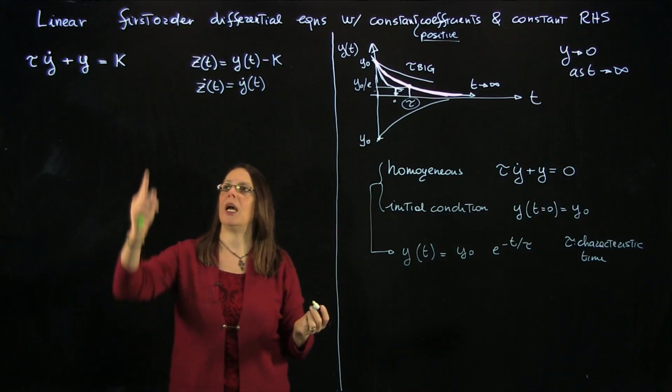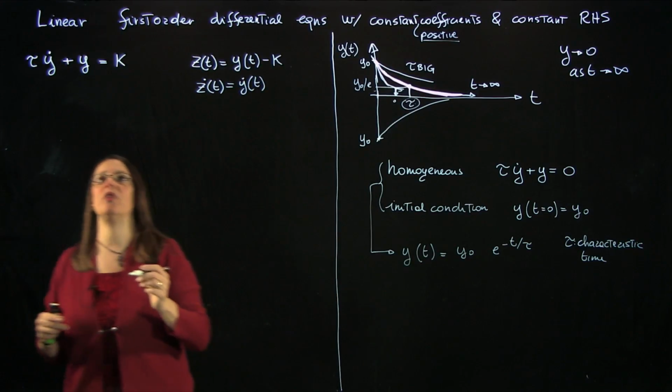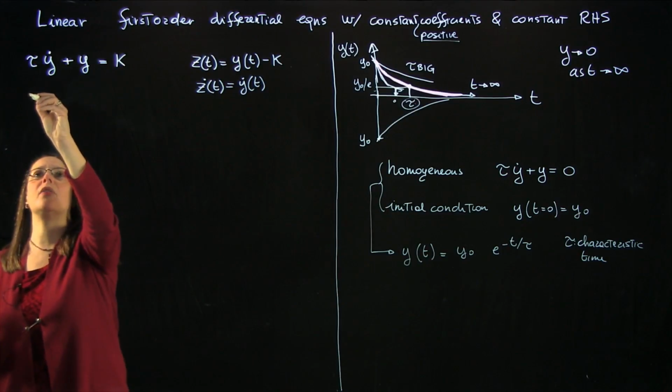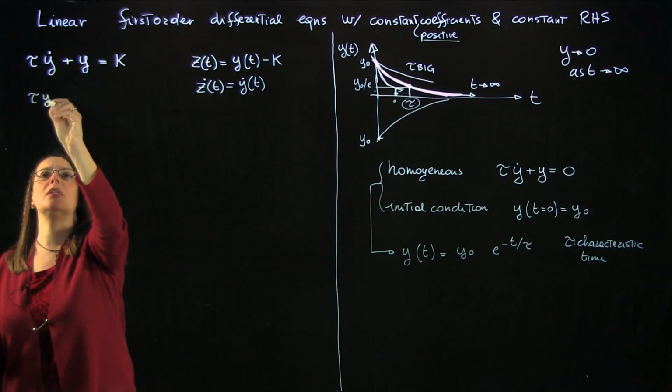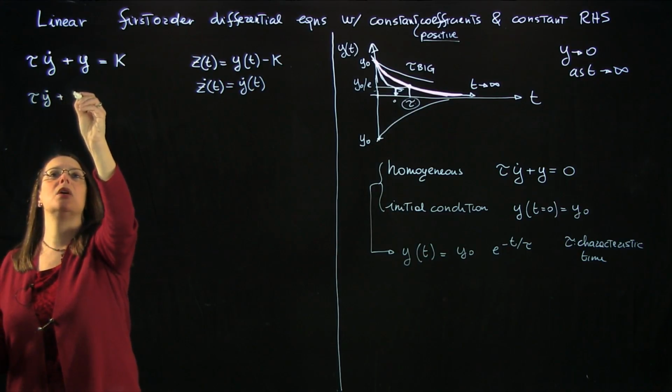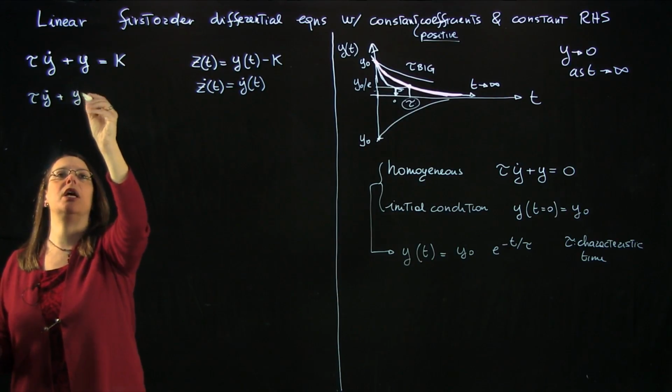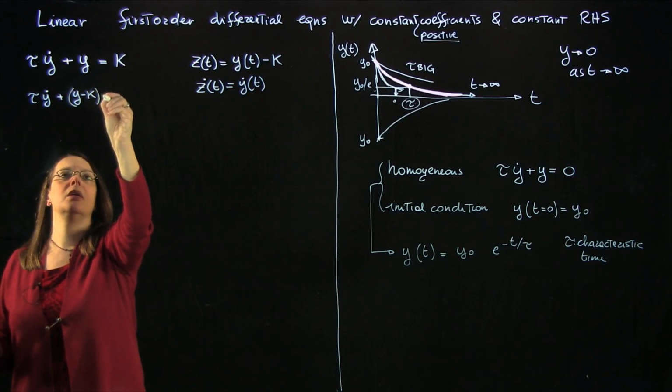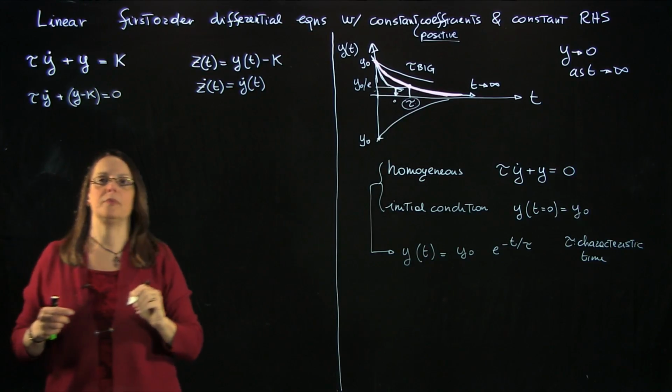Why do I do this? I do this because now I look at this equation over here and I say, you know what? I can rewrite this equation as tau y dot plus y, and I bring k on the other side, y minus k, is equal to 0.